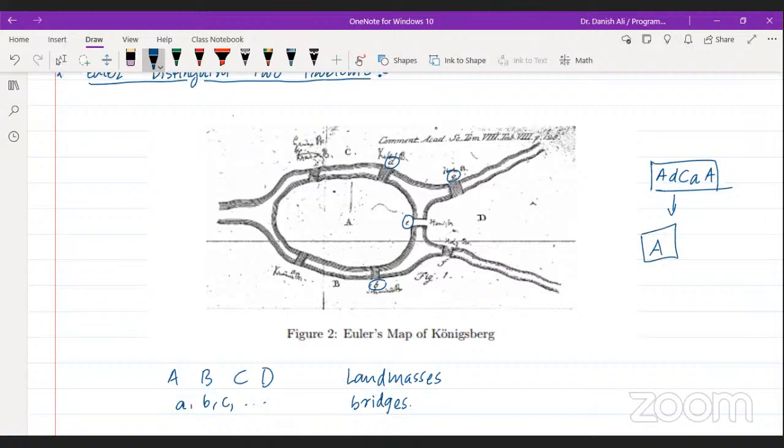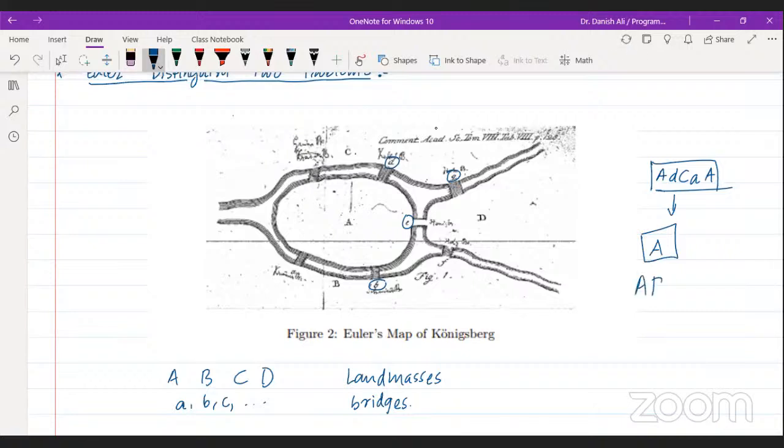Let's suppose, for example, he goes from A by bridge b to B, and then by bridge d, and then bridge c back to A. So is it the same A because he starts from A and then comes back to A? You could write A d A?